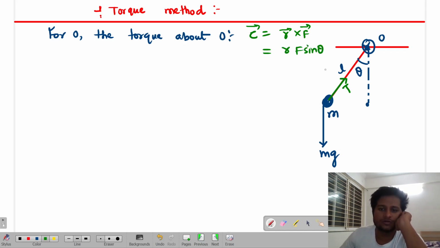So when you look over here, this T lies on the same line as the radius. So the net torque due to tension T is how much? Zero. So the torque is created by what?